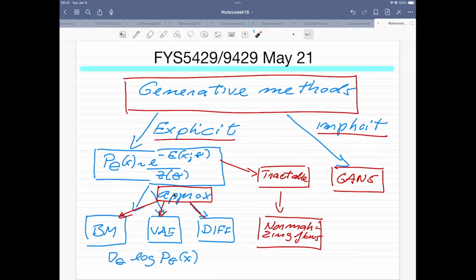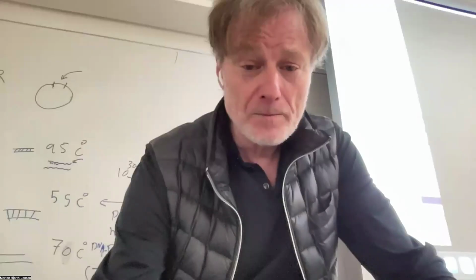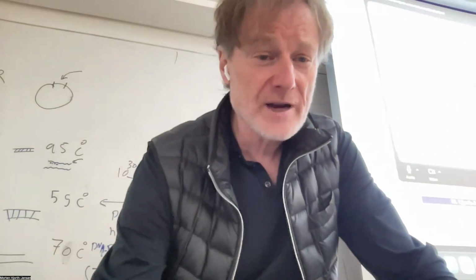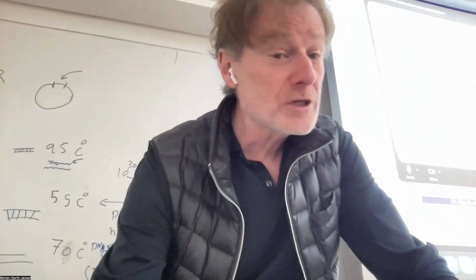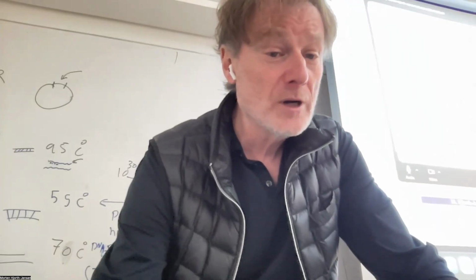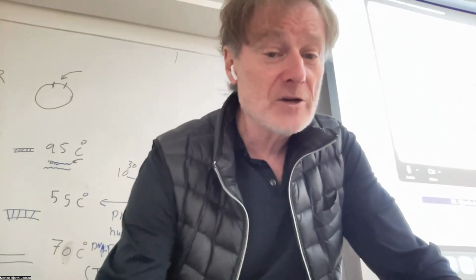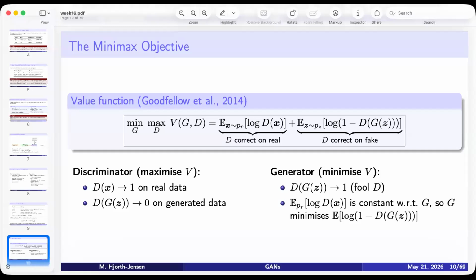So let's go back to the whiteboard and take a look at the basic machinery for generative adversarial networks. Now, in the code which you have in the Jupyter notebook, what I have done is just to take a simple generative adversarial network, which implements two neural networks which fight each other.